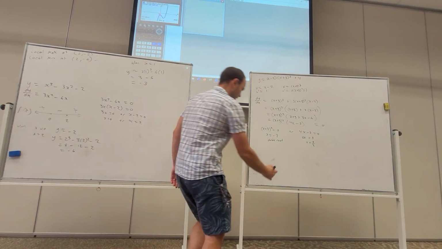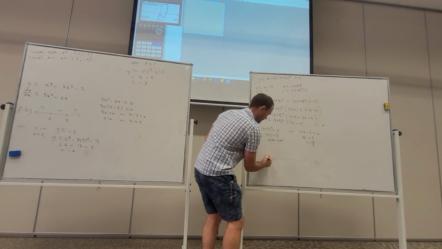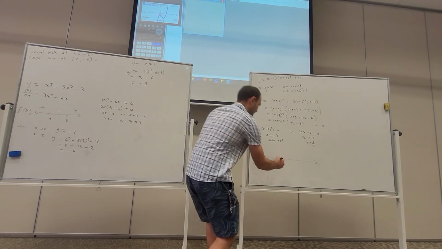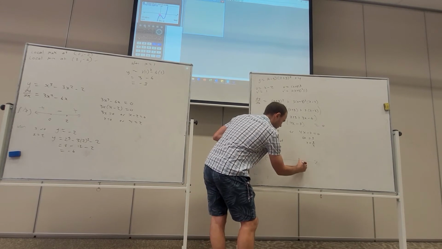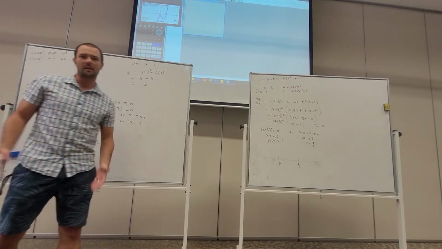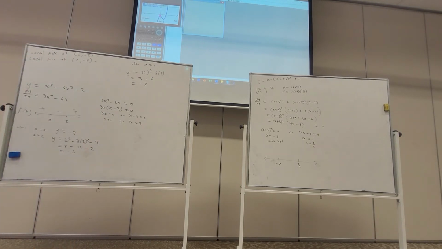So let's draw the sign diagram of dy/dx, the first derivative. We're going to have minus 3 and 3 on 4. They're the x-intercepts, and we need to ask, when is it positive, when is it negative?